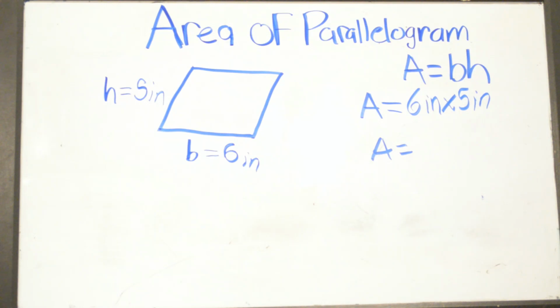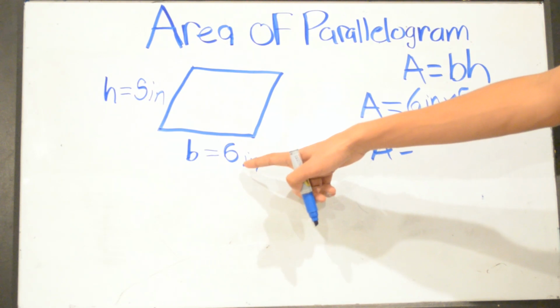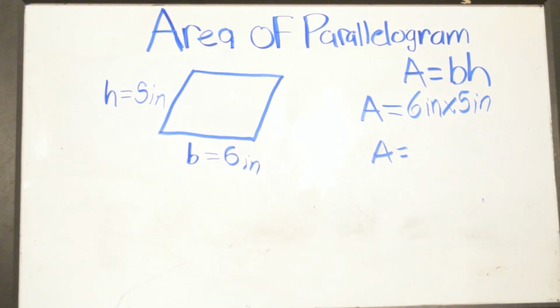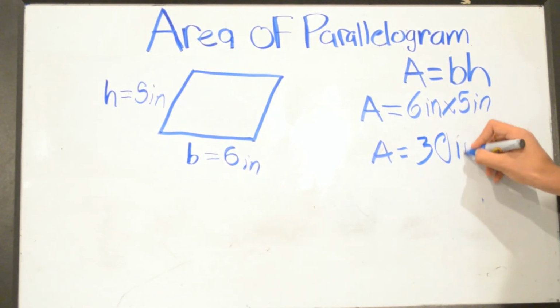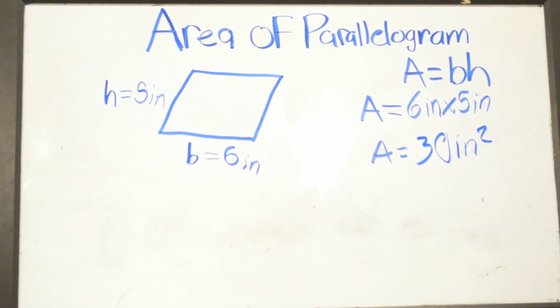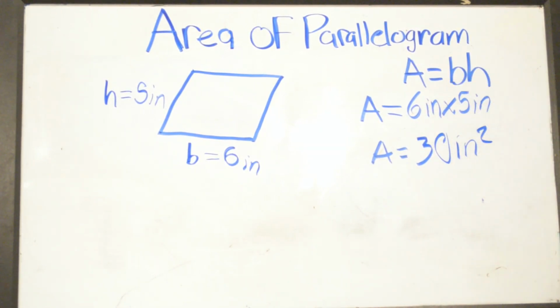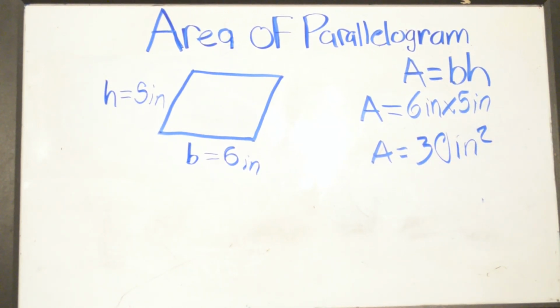The reason why we write down 6 inches times 5 inches is because 6 is our base and 5 is our height. 6 times 5 is 30 inches squared. The reason why our final answer is 30 inches squared is because we multiplied our base by our height, and our base was 6 and our height was 5, and 6 times 5 equals 30 inches squared.